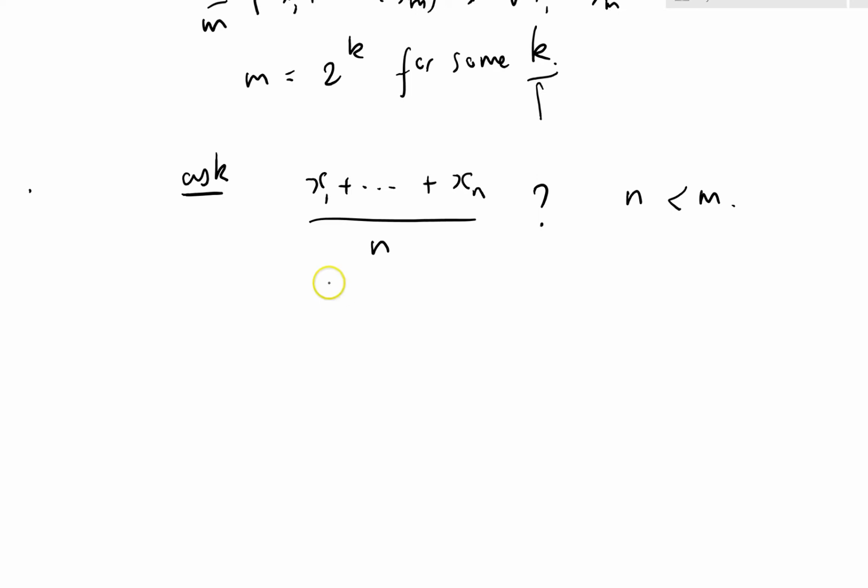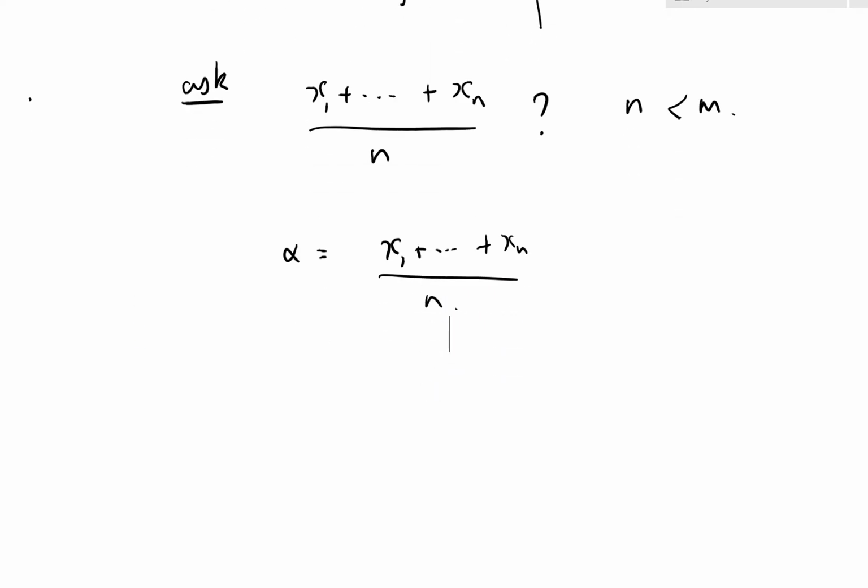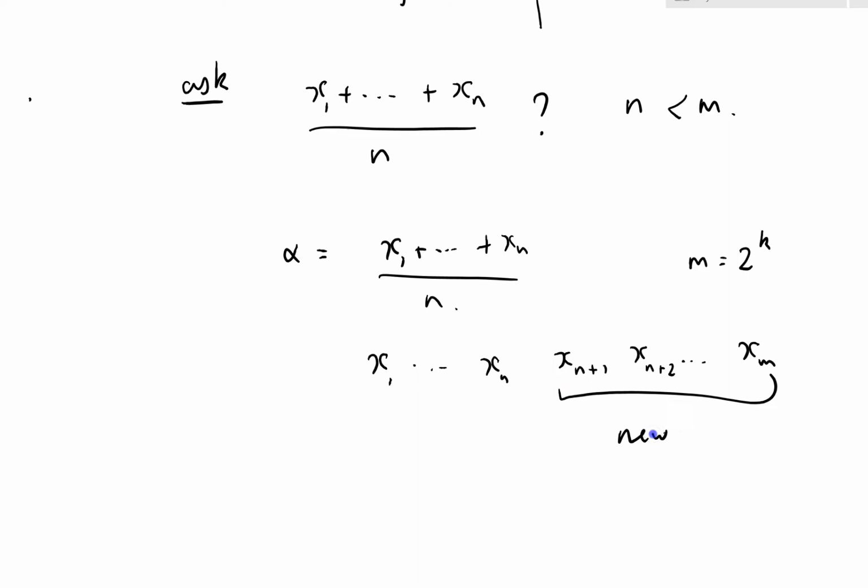Okay, I'm going to write alpha equals (x1 plus all the way through to xn) over n. And I'm going to add some extra variables. I'm going to consider x1 all the way through to xn, and I'm just going to add x(n+1), x(n+2) all the way to xm, where m is my power of 2. So these are new variables.